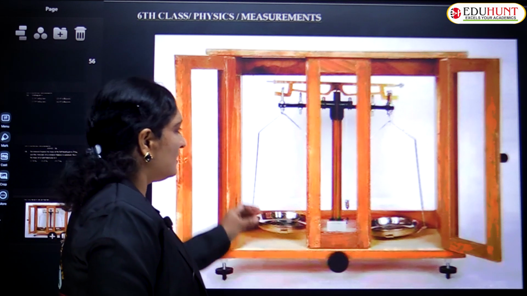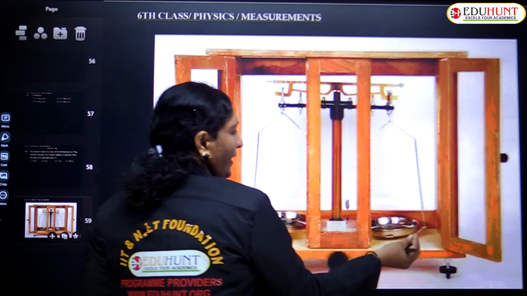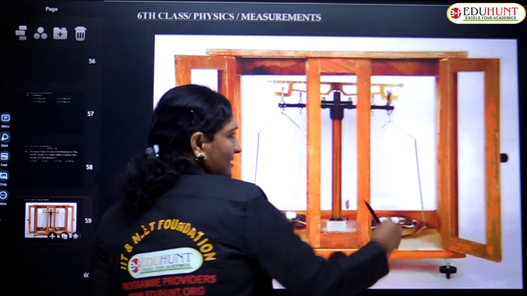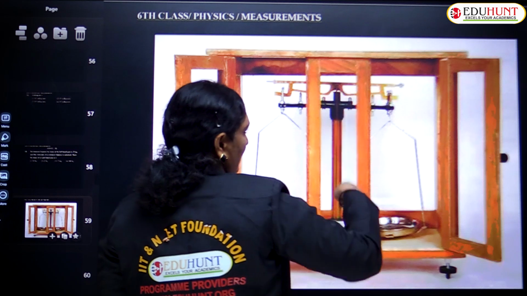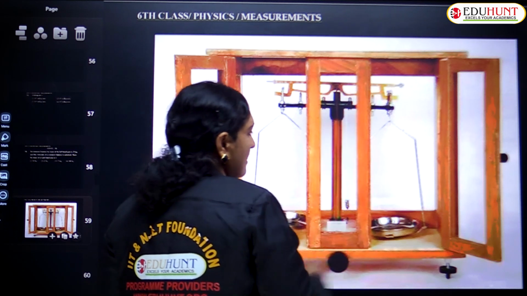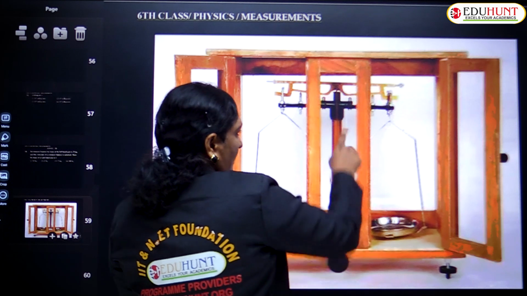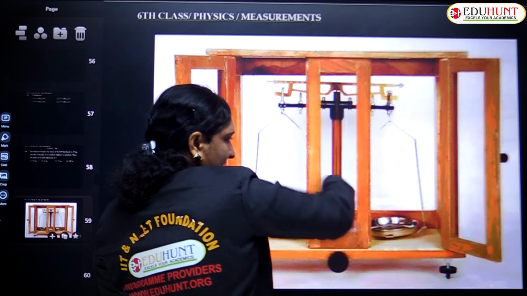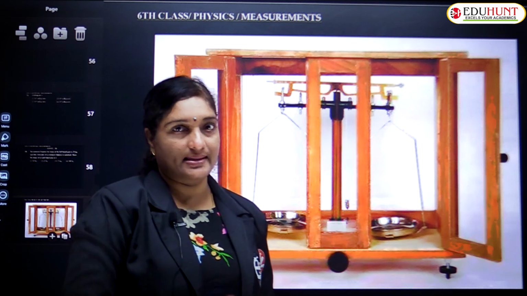Generally the object will be kept in the left side pan and weights will be added in the right side pan. This is your horizontal line and this will be the pointer. Whenever the mass gets balanced, the pointer will be oscillating, and hence we can say that this is balanced.